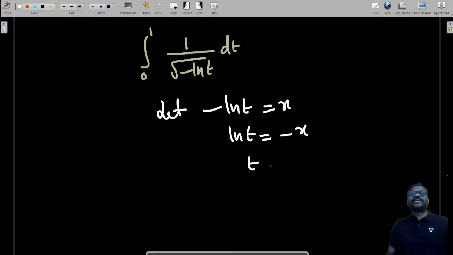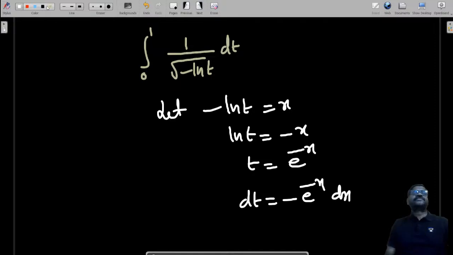Log t equal to minus x, t equal to e power minus x, dt equal to minus e power minus x dx. When t is 0, x is infinity. When t is 1, x is 0.